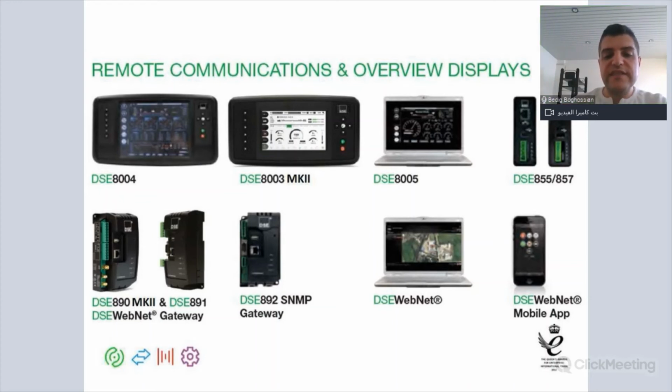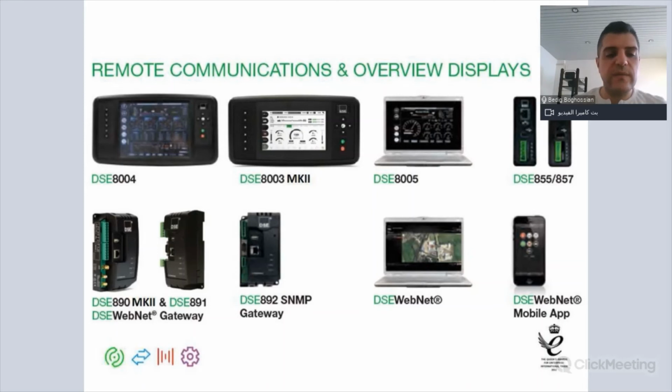The 855 and the 857 are converters from USB to TCP or RS485. For example, if you're using the 61 MKIII module, because the 61 MKIII does not have an RS485 port and no TCP port, and suppose that after a certain time, the end customer asks you to have a BMS solution, and then you need to have an RS485 or TCP port on your GenSet controller.